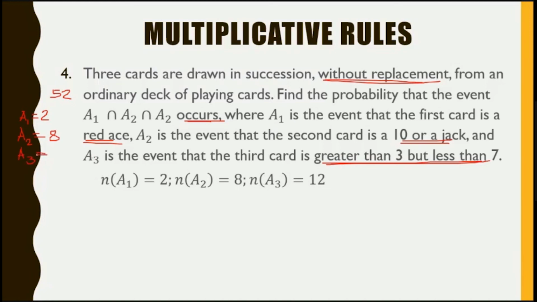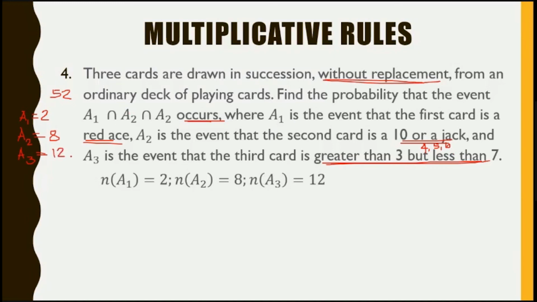The third event is that the number is greater than 3 but less than 7. What are numbers greater than 3 but less than 7? These are 4, 5, and 6. And same with the others, we have four 4s, four 5s, and four 6s in the deck of playing cards, a total of 12.